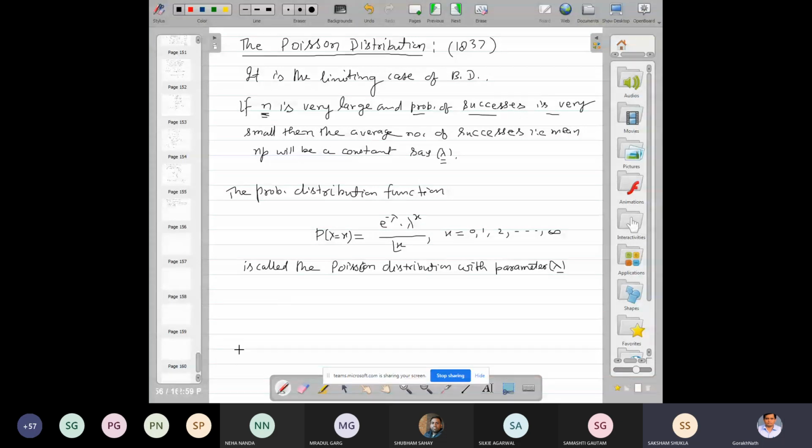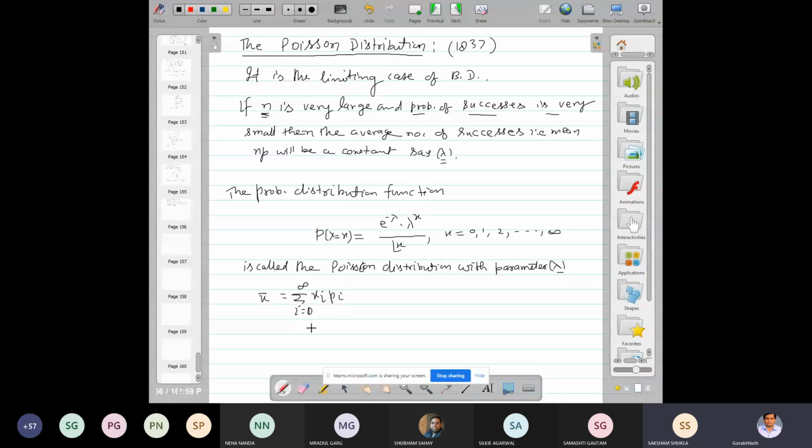So here again we can calculate the mean of the Poisson distribution. It is given by summation i equal to 0 to infinity of xi into pi.